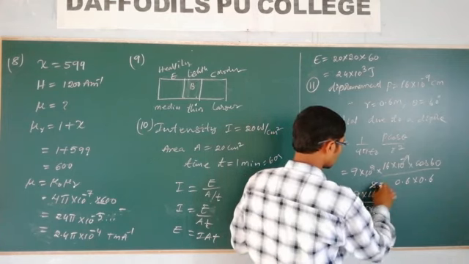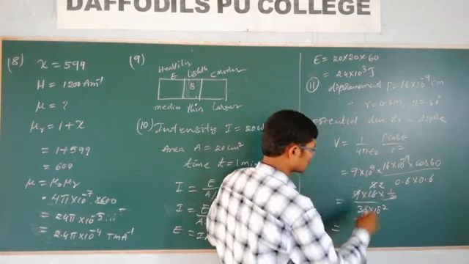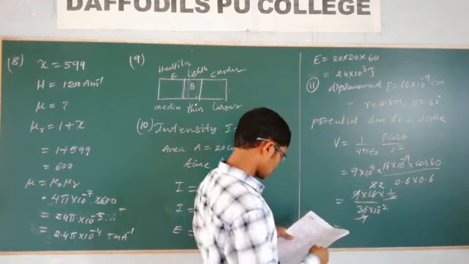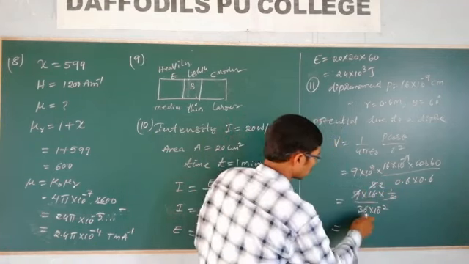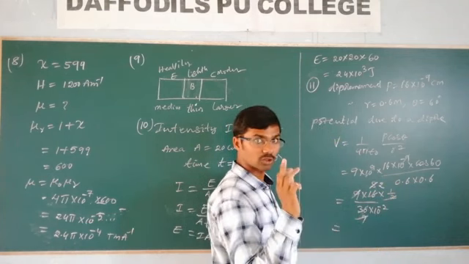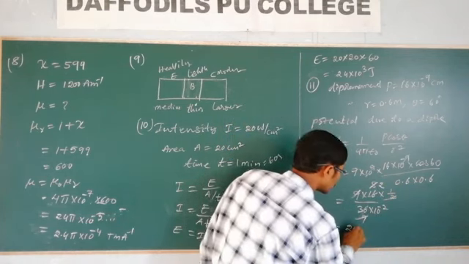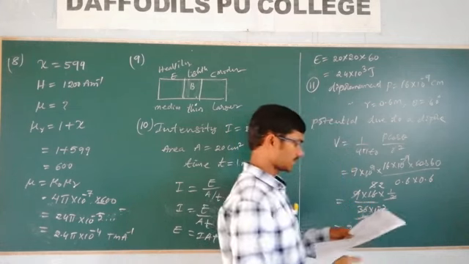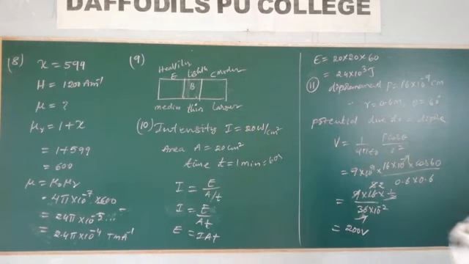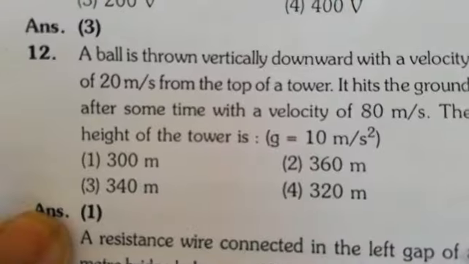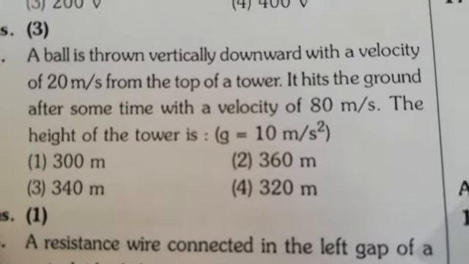Now 4, 9 fourths and 2 fourths. 9 cancel. So 10 power minus 2 goes to the numerator, 10 power 2, then 2 into 10 power 2, 200 volt, which is the third option, the correct one.